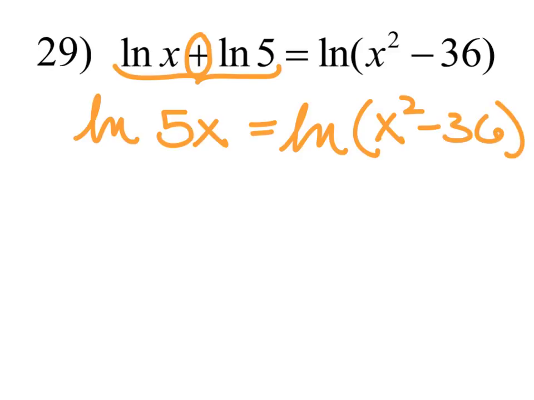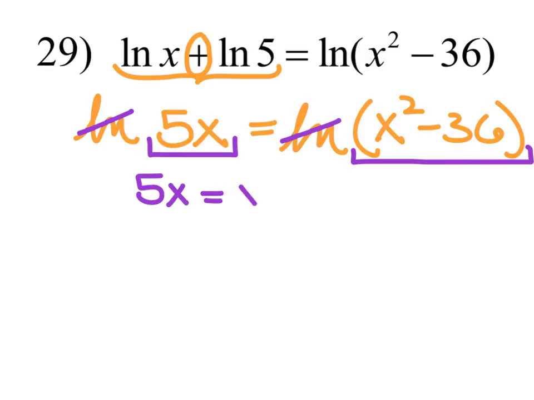Once you have log equals log, or natural log equals natural log, you just have to set whatever you're taking the natural log of equal. So it's kind of like these natural logs cancel. And we have 5x is equal to x squared minus 36.